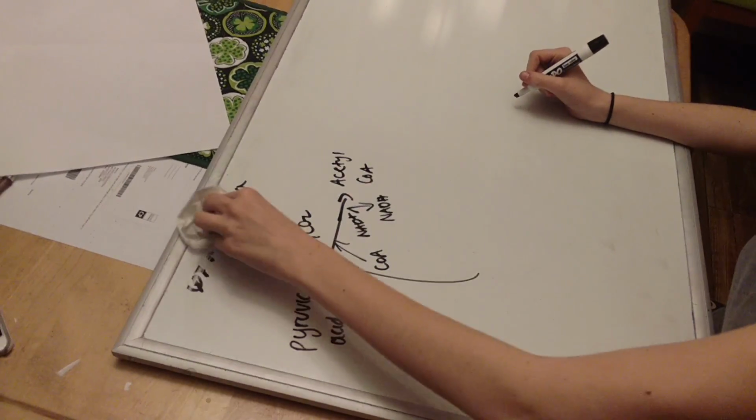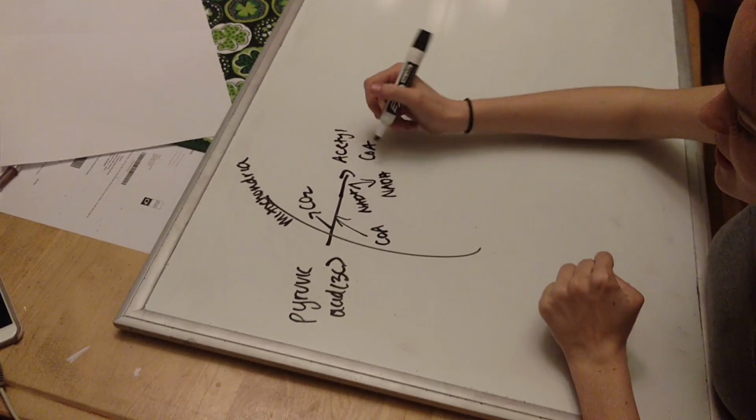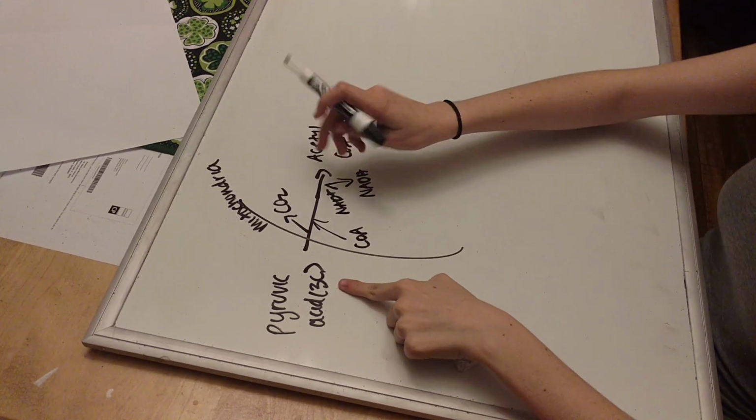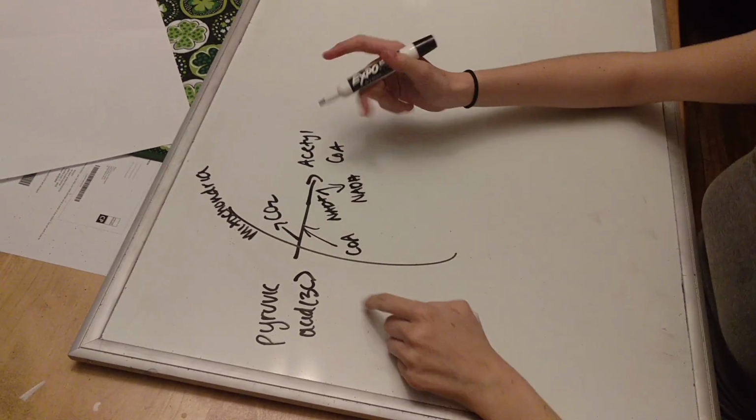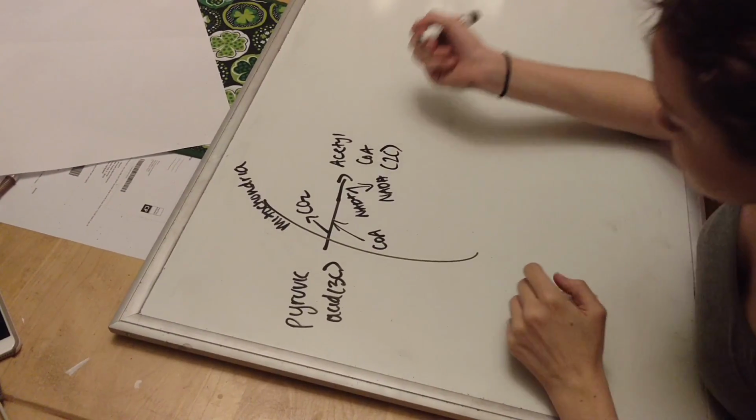Done with that. And this acetyl CoA is, since this was 3 carbon, it lost a carbon here when the carbon dioxide left. So now this is 2 carbons.